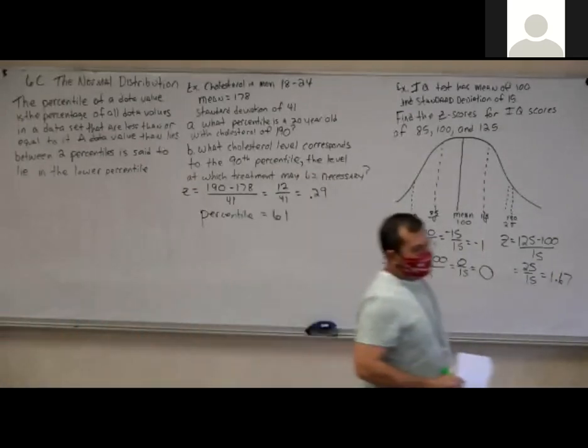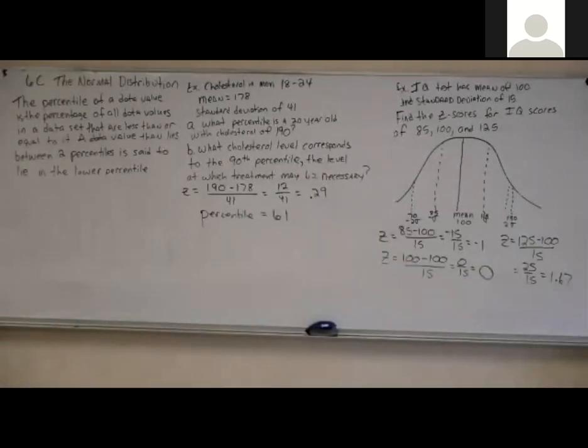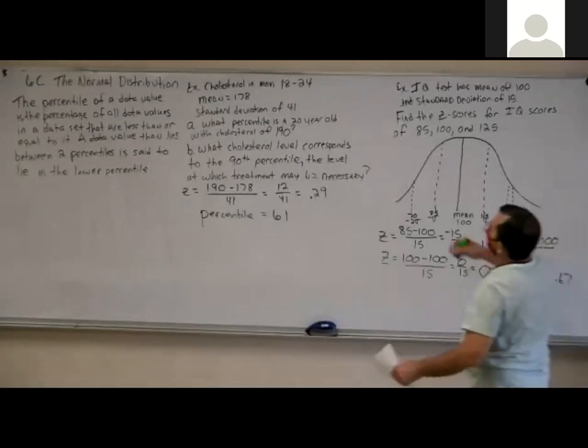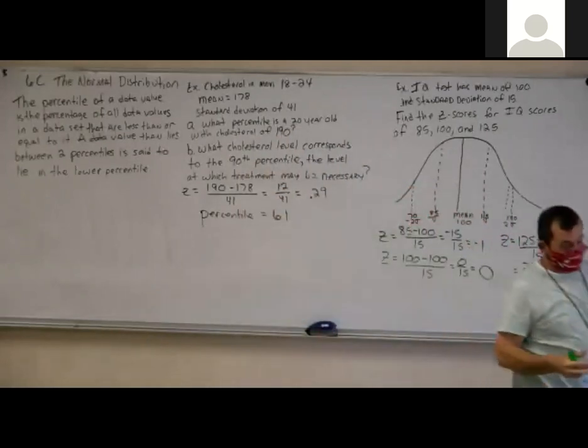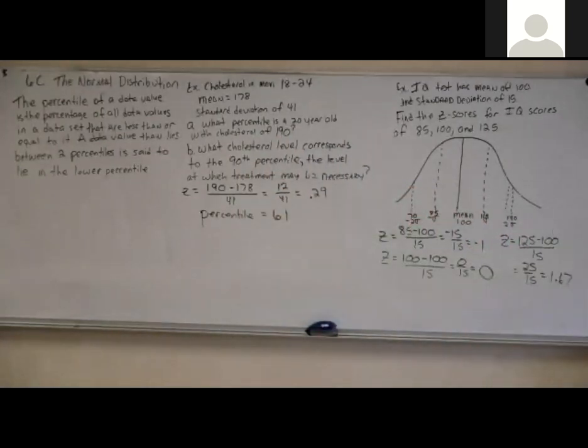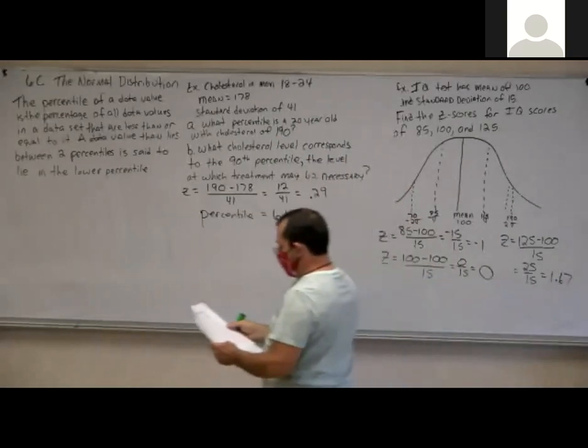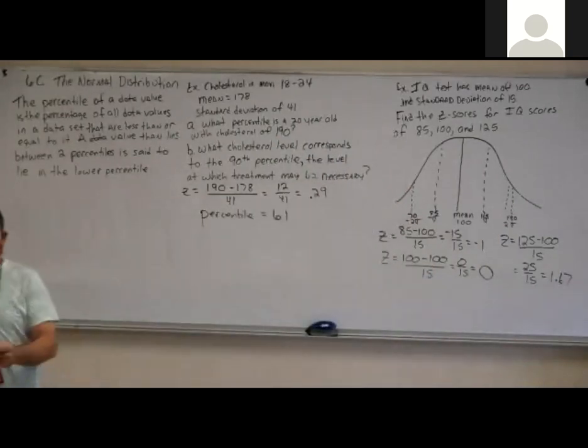All right, so let's see now. What was it asking me? It was asking me what cholesterol level goes to the 90th percentile. So what I want to do is find the 90th percentile somewhere on here.